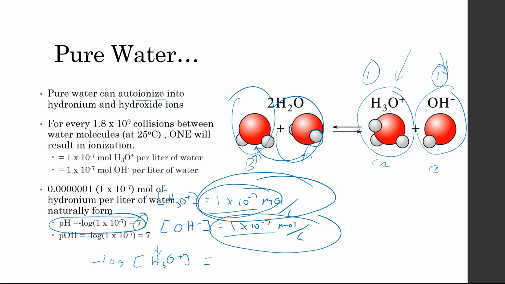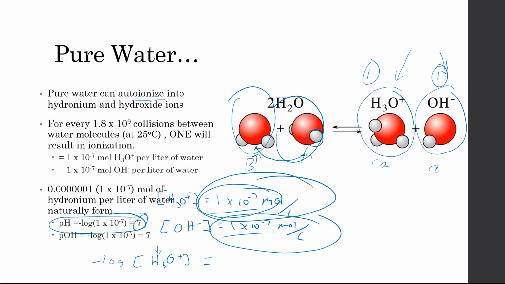A pH of 7 means an exact ratio of acid and base in my solution. For every hydronium ion, there's an associated hydroxide ion to balance it out. So when we say a pH of 7 is neutral, that's what that means.